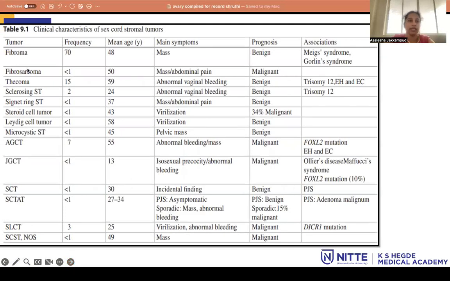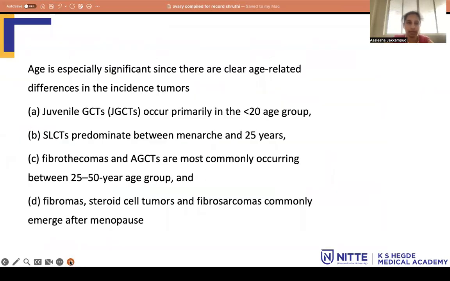These are the examples of sex cord stromal tumors: fibroma, fibrosarcoma, thecoma, sclerosing stromal tumor, signet ring stromal tumor, steroid cell tumor, Leydig cell tumor, microcystic stromal tumor, granulosa cell tumor, adult or juvenile type, Sertoli cell tumor with annular tubules, and Sertoli-Leydig cell tumor. Most of the tumors are benign, but the malignant ones are fibrosarcoma, one-third of steroid cell tumors, granulosa cell tumor, adult or juvenile type, and also Sertoli-Leydig cell tumors, which are malignant in behavior.